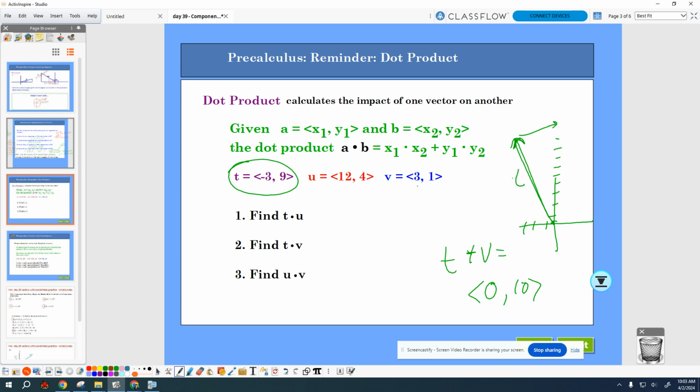So this is vector t, this is vector v. The way to add them, you take the beginning of one to the end of the other. The resultant is where you actually end up. If you are a little leaf in the ocean, the current's going this way and the wind is pushing that way, where do you end up? From the starting point to that ending. That is t plus v.